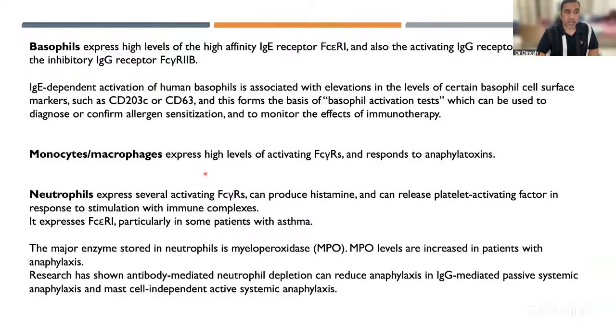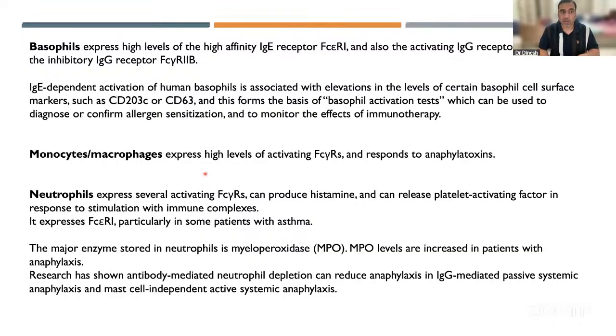Now, IgE dependent activation, as Dr. Guraj has just now mentioned, is associated with elevations in the level of certain basophil cell surface markers such as CD203c or CD63, just as we saw in the previous presentation. And this forms a base of the basophil activation test, which can be used to diagnose or confirm allergen sensitization and to monitor the effects of immunotherapy.